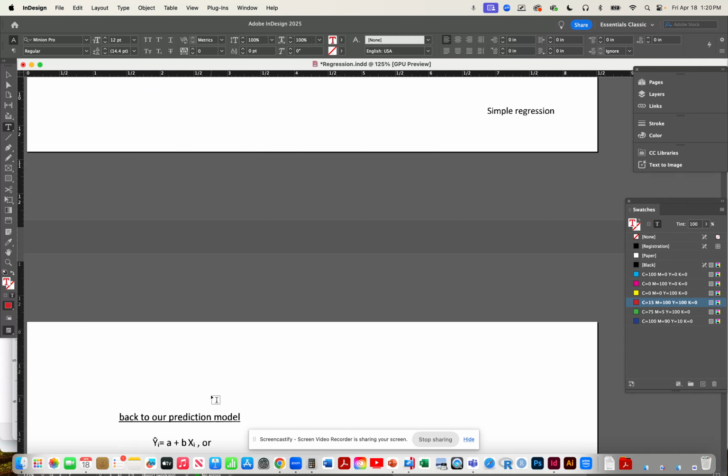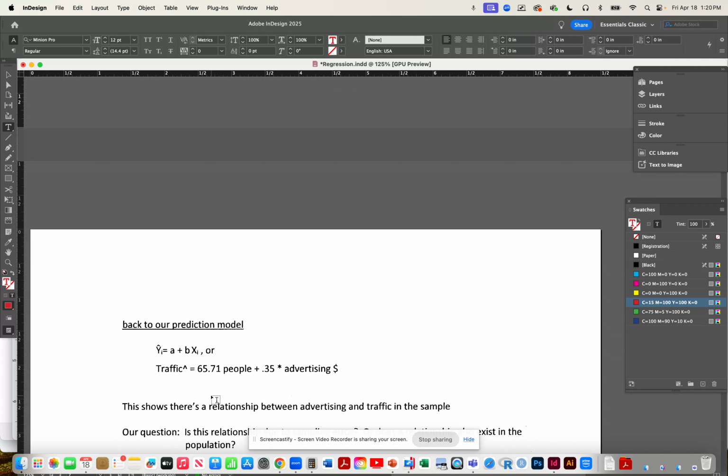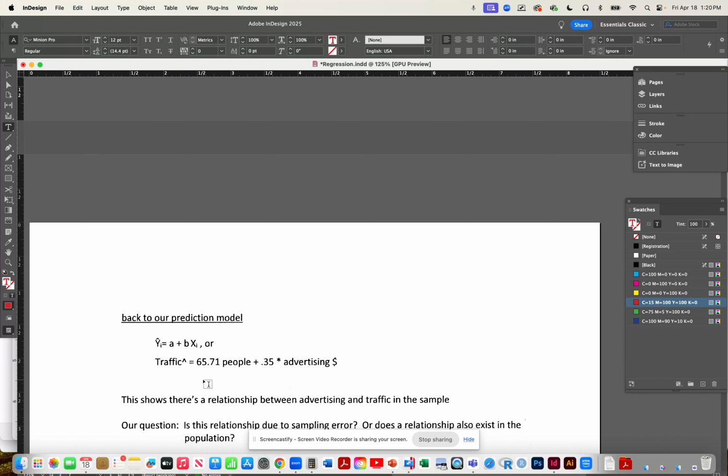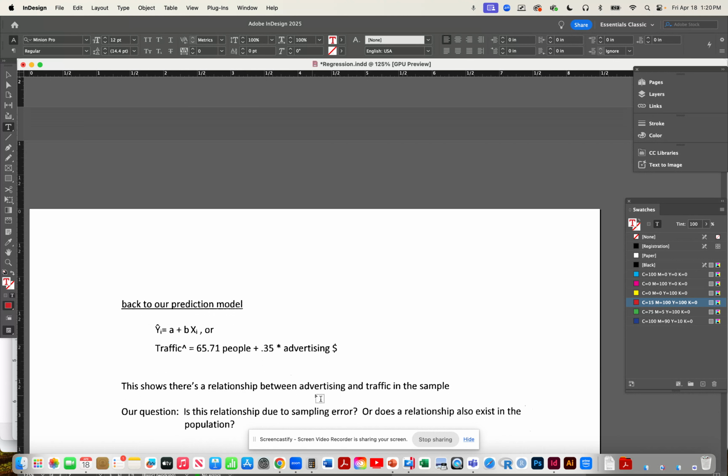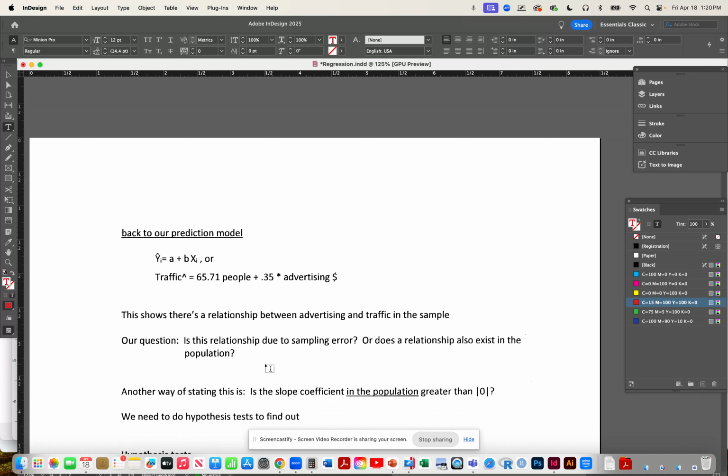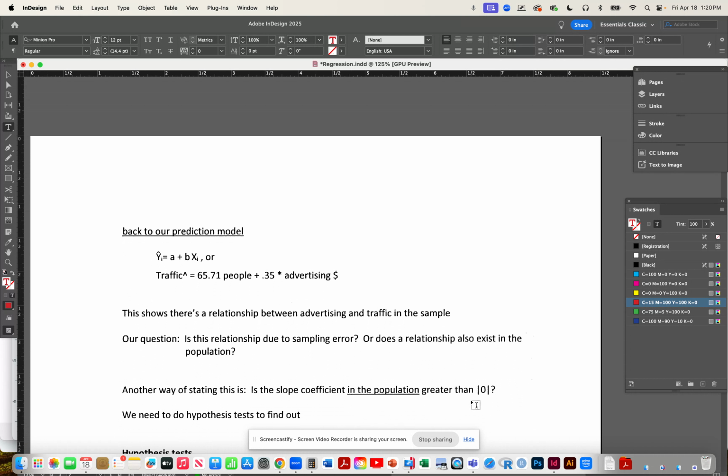Now let's go back to our prediction model for a second. So here it is right here. You've seen this before. This shows there's a relationship between advertising and traffic in the sample because we have a 0.35 in the slope. And whenever the absolute value is greater than 0, then we know there's a relationship.